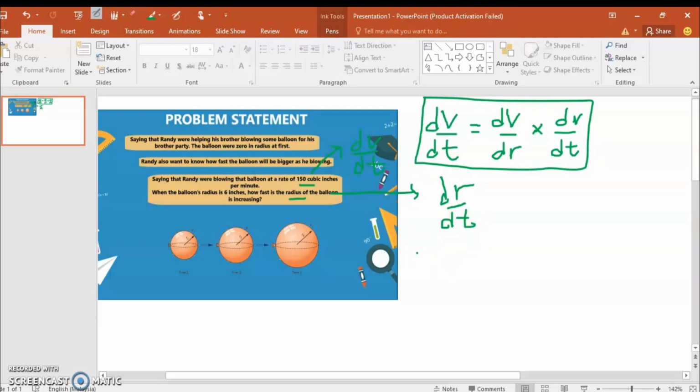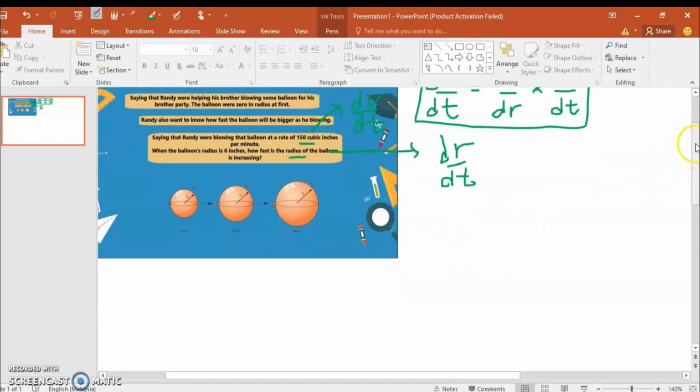Before we do the solution, we should find the volume of the balloon, which is the volume of a sphere. I let you think of the formula for the volume of a sphere for 10 seconds. Got it?